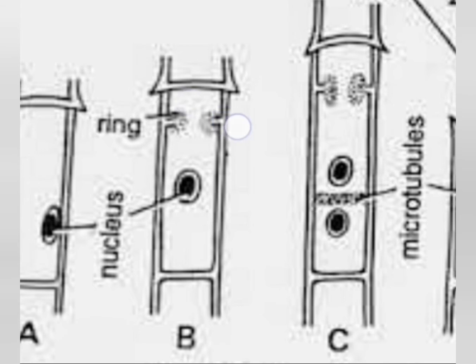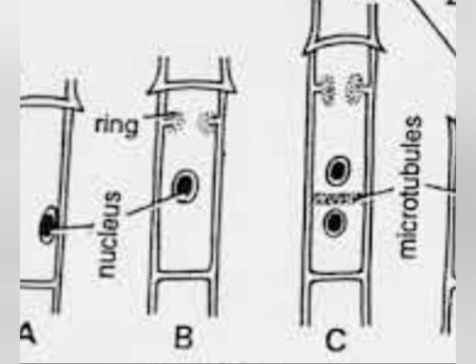Here we are talking only about a single cell and what happens during its division. The ring-like thickenings develop in the upper part of the cell wall, and as you can see in figure C, they gradually increase in thickness, becoming thicker compared to figure B. So that is the second step.